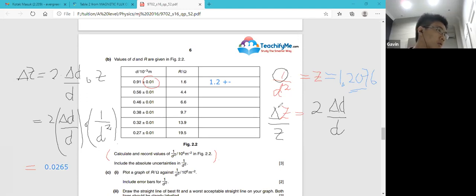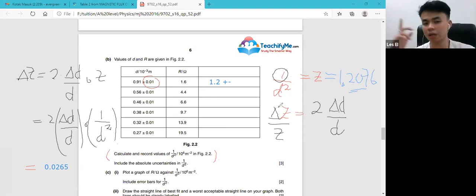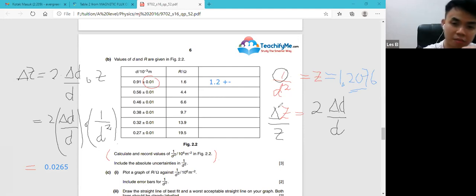So if I write one decimal place, it means my uncertainty also has to be one decimal place, right? But I already told you, right? Do we ever write things as 0.0? Never. I know you have to use two significant figures, but sometimes you have to think also.